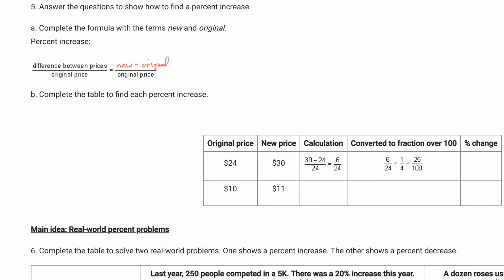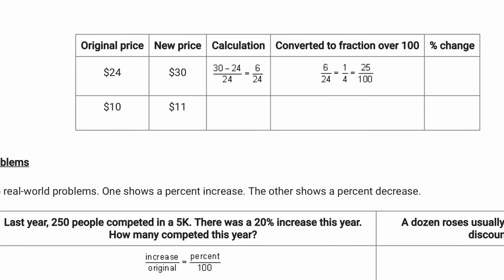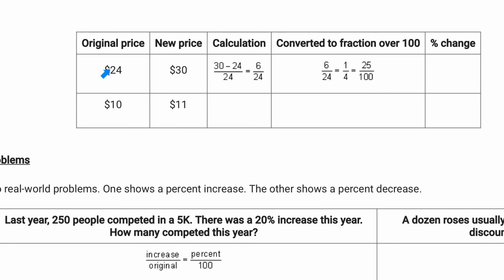So here, they're taking our larger number, 30 minus 24, right here, and they always divide by the original number, and the difference between that is 6. Now, 6 24ths. The question is, what is that out of 100? Well, what they did is they simplified this here to 1/4, and then 4 goes into 100 25 times, and 1 times 25 is 25.